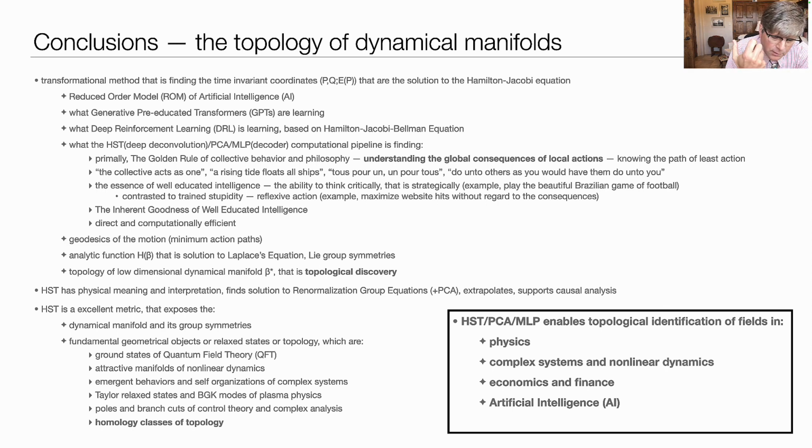This really is on its own a subject of what would be a really good TED Talk, and a standalone article that I end up writing. But it's saying that well-educated intelligence, because it knows the long-term consequences and is a maximization of those long-term consequences, is inherently good.